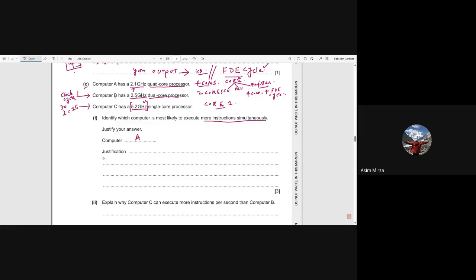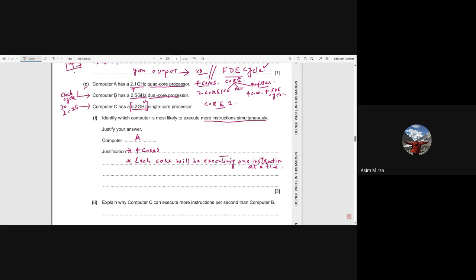Now, in the justification, you can write because it has four cores, and each core will be executing one instruction at a time.